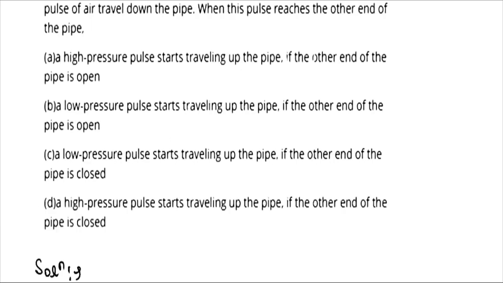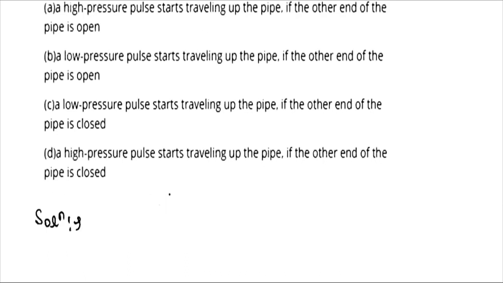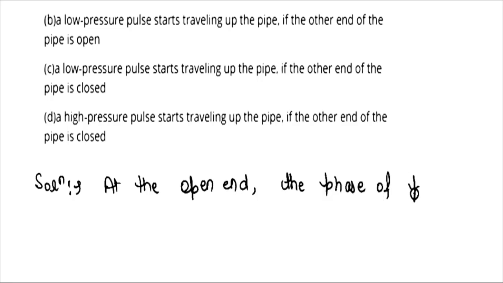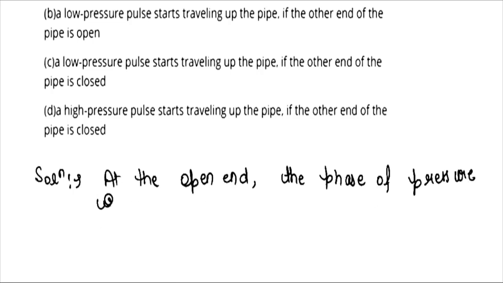At the open end, we can write here, the phase of the pressure wave changes by pi radian due to reflection.